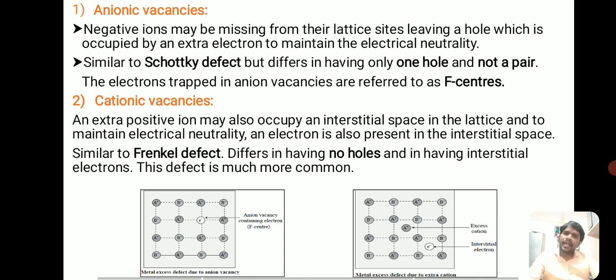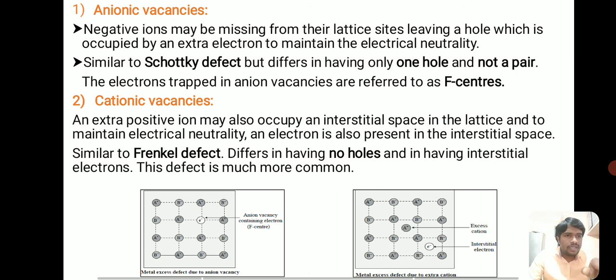Next one, cationic vacancies. In this case an extra positive ion may also occupy an interstitial space in the lattice, and to maintain electrical neutrality an electron is also present in the interstitial space.